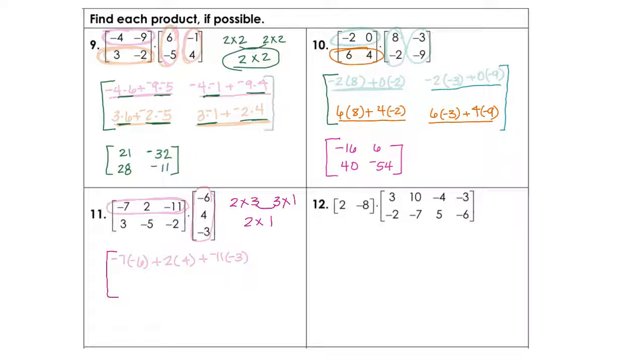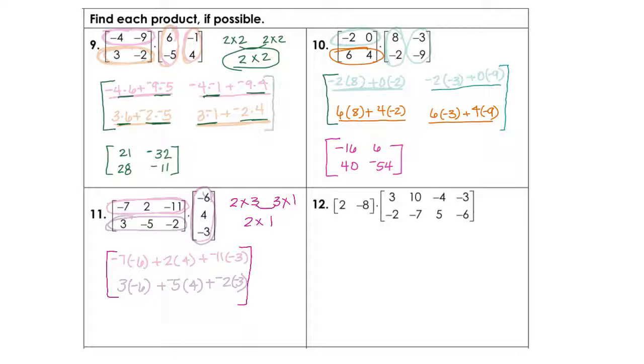You don't have any more columns, so you know you're going to close your bracket. And now you come back down to the other row and pick up again. You're going to take this row and multiply to this column. So you're going to have 3 times negative 6 plus negative 5 times 4 plus negative 2 times negative 3.